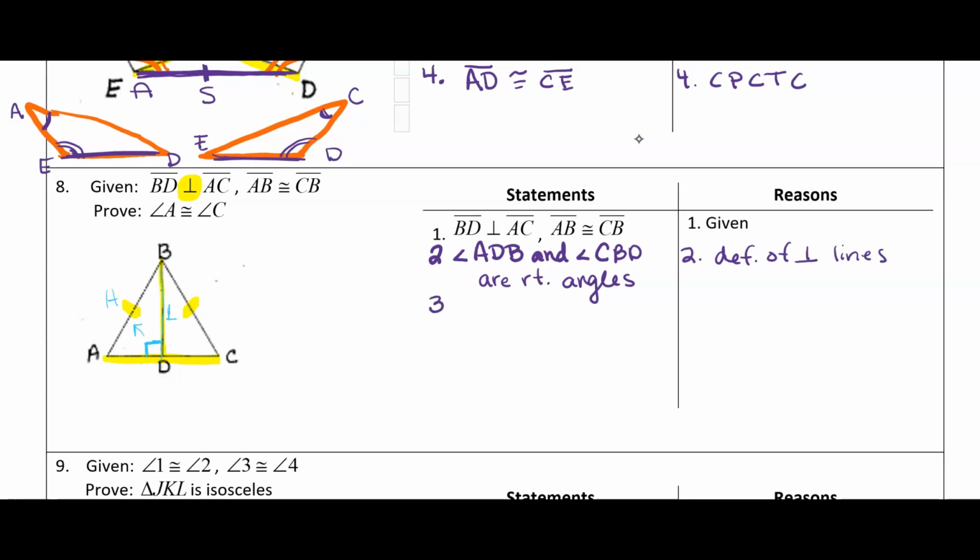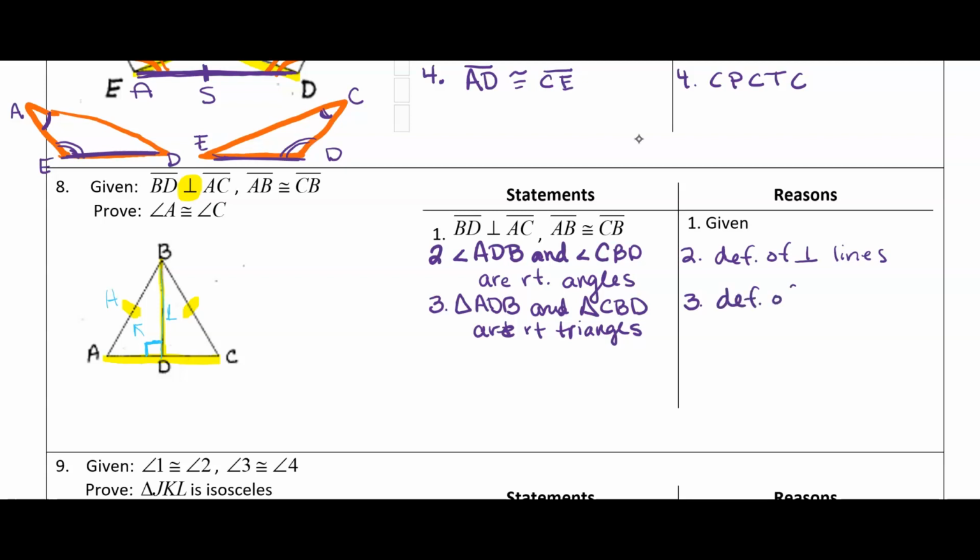Step 3, now we say triangle ADB and triangle CBD are right triangles. Now we have to state that in order to use hypotenuse leg.